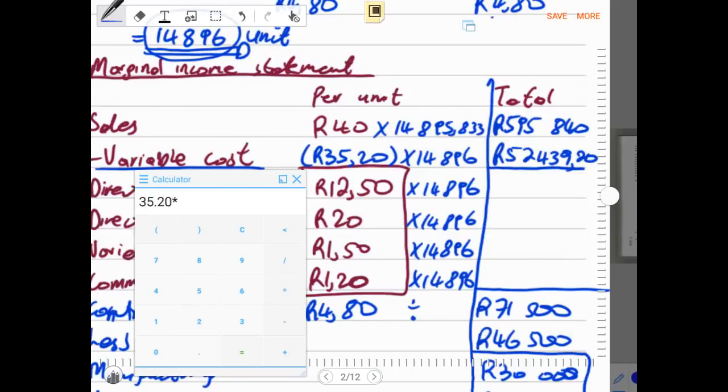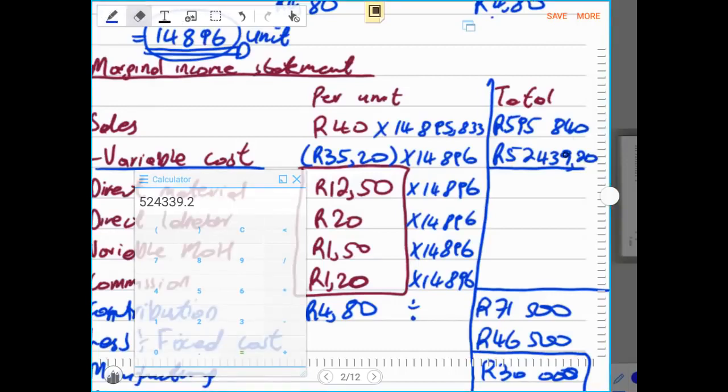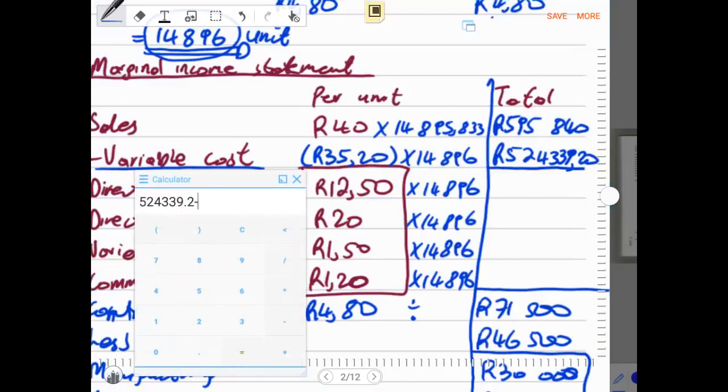35.20 times this by 14,896. 524,339. Yes, there's another 3 here. 339.20. 339.20 minus the 40 times by 14,895.833.